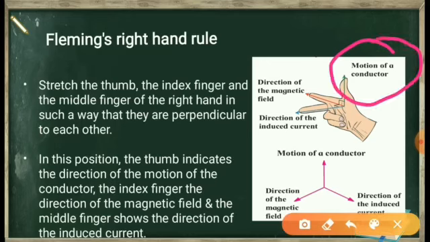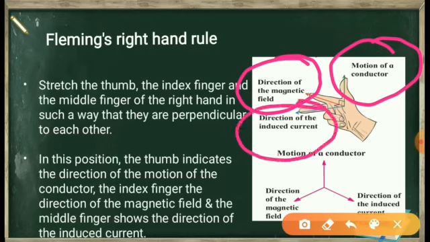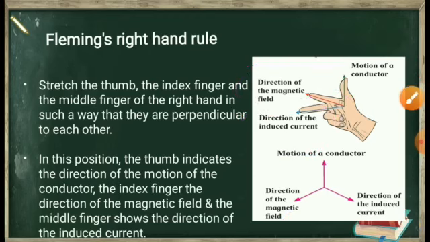The index finger indicates the magnetic field and the middle finger shows the direction of induced current. So this shows Fleming's right hand rule. You have to keep the directions in your mind by taking your right hand.